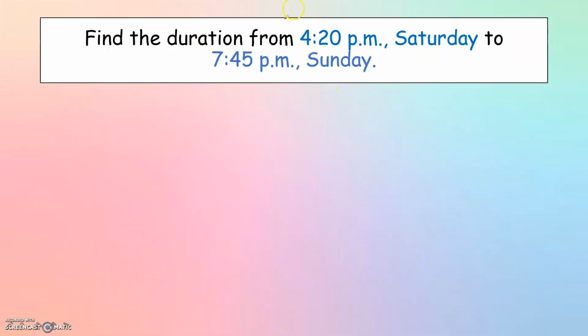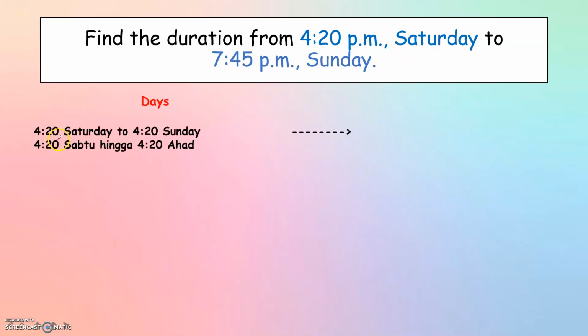Okay, second question. Find the duration from 4:20 p.m. Saturday to 7:50 p.m. Sunday. Okay, here there are only 2 days. There is no specific date here. Okay, we should find the days. That means 4:20 Saturday to 4:20 Sunday. How many days?